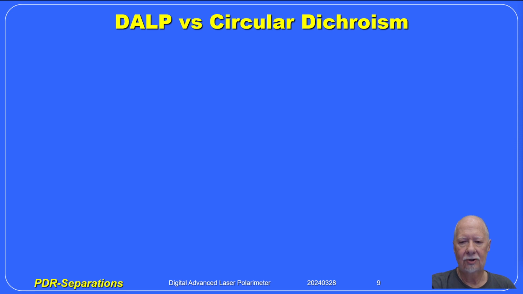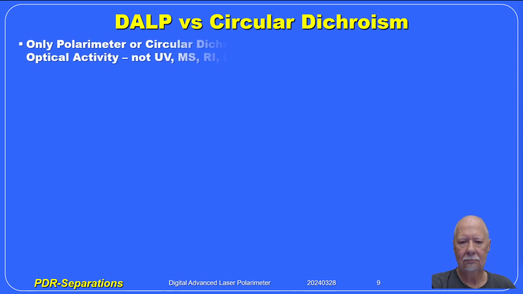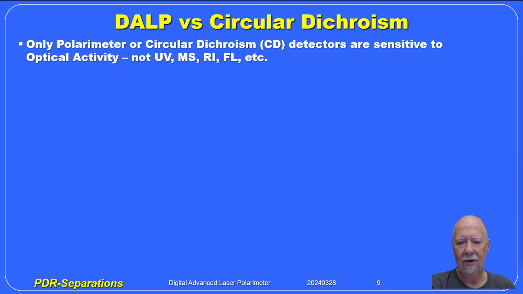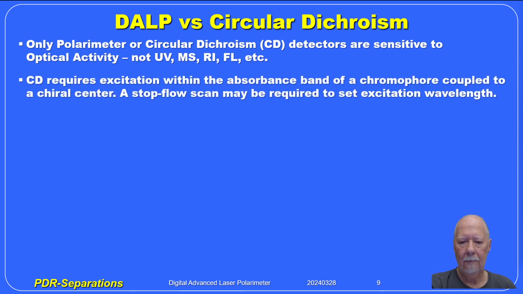DALP versus circular dichroism. Only polarimeter or circular dichroism detectors are sensitive to optical activity, not UV, mass spec, refractive index, fluorescence, etc. CD requires excitation within the absorbance band of a chromophore coupled to a chiral center.